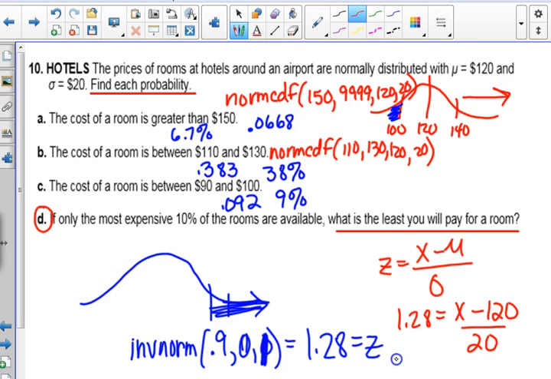So 1.28 times 20 is 25.6. We add the 120, we get, I'm out of room, 145.6. So what is the least you'll expect to pay for a room?